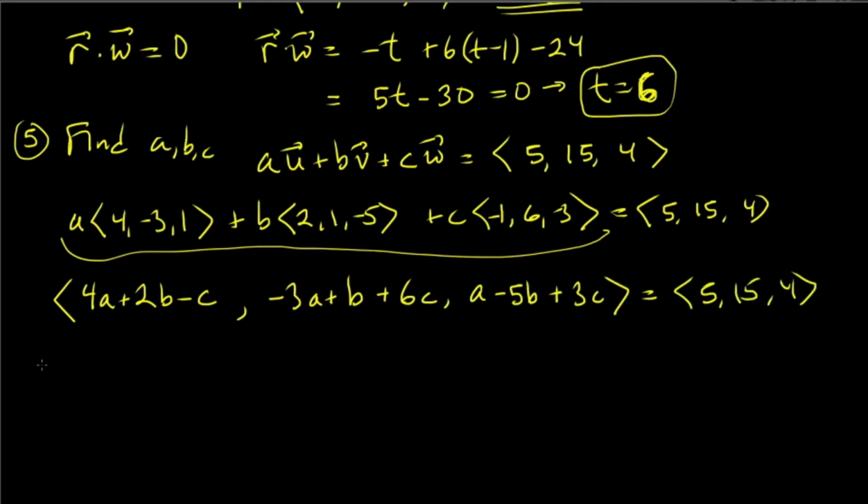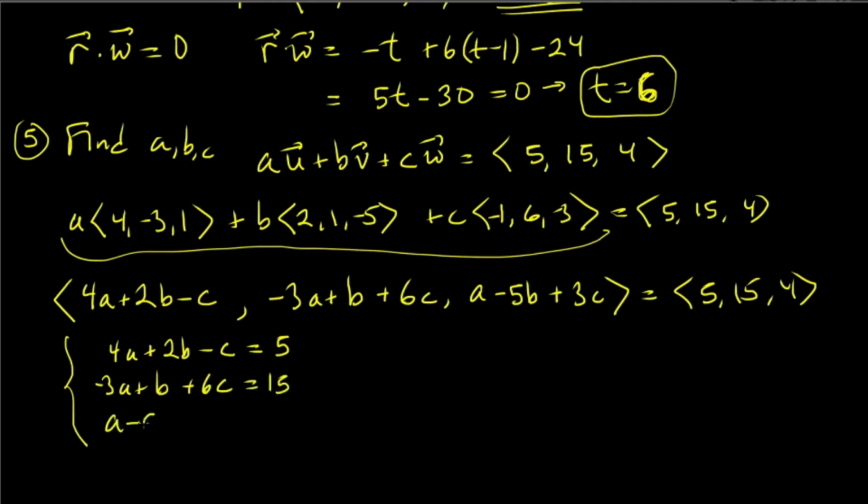When their components are equal. So you end up with three equations: 4a plus 2b minus c equals 5; negative 3a plus b plus 6c equals 15; and a minus 5b plus 3c equals 4.